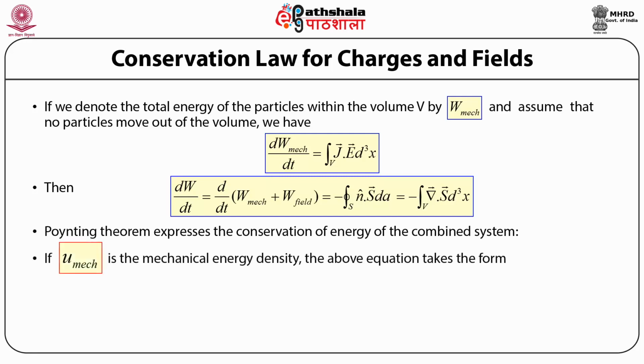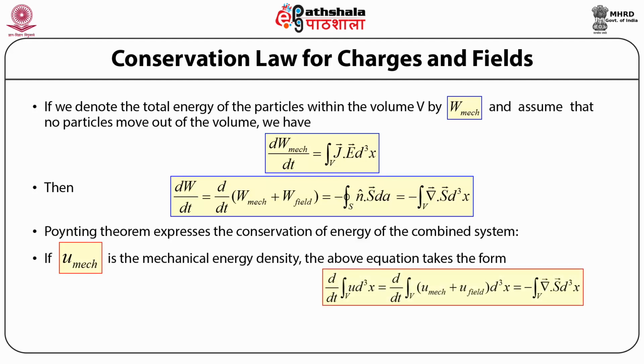That is, if U subscript mechanical is the mechanical energy density, the above equation takes the form: the derivative with respect to time of the volume integral over d³x of the total energy density U is equal to the derivative with respect to time of the volume integral over d³x of the energy density due to mechanical, that is U subscript mechanical, plus the energy density due to the fields, that is U subscript field, and this is equal to minus the volume integral over d³x of the divergence of the Poynting's vector S.